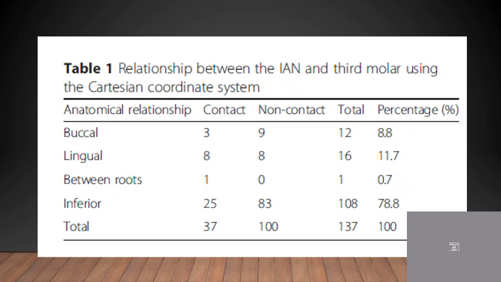So the maximum we would encounter is the canal that is inferior to the roots of the tooth. But there are still chances where the canal can be lingually present or buccally present. In those conditions, CBCT evaluation would be advised, which can help you understand the position of the inferior alveolar canal with respect to the roots of the tooth.